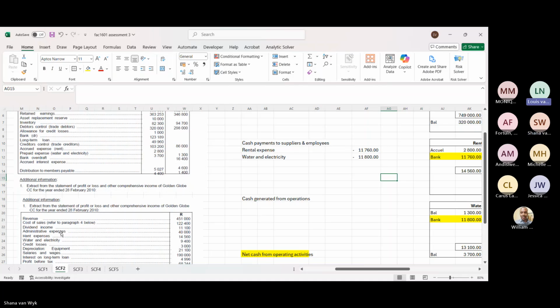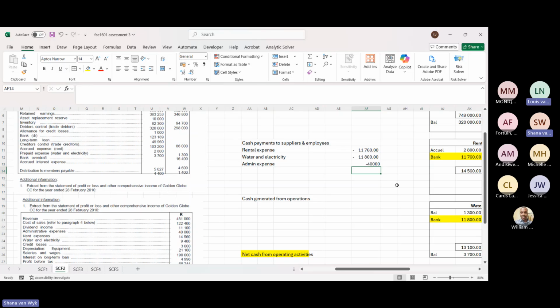Okay, cool. Admin expenses. Oh, but a T account, we won't need one for this one. You won't need a T account for the admin expense, so you can just write in there the admin expense. But you're going to need a T account for interest. Okay, awesome. Let's do that. I hope my eyes are not reading wrong.